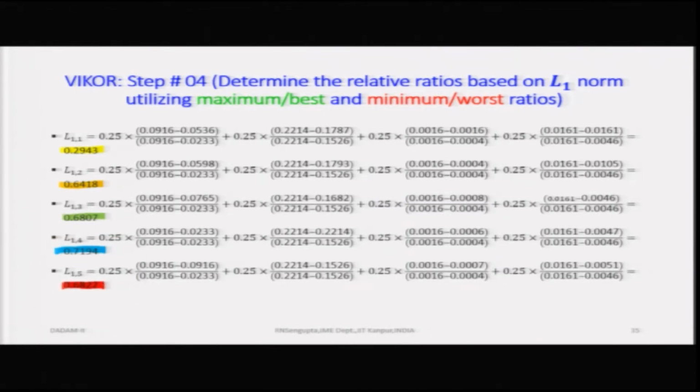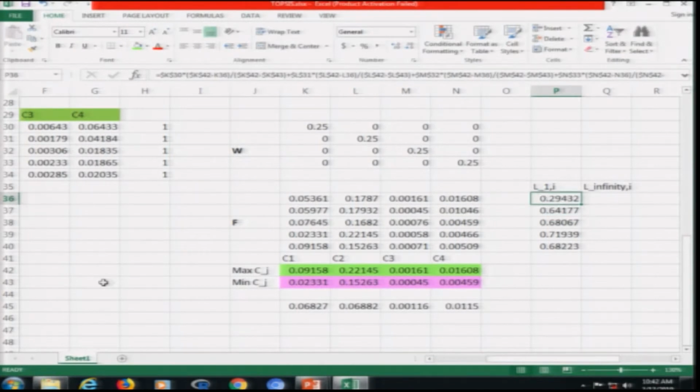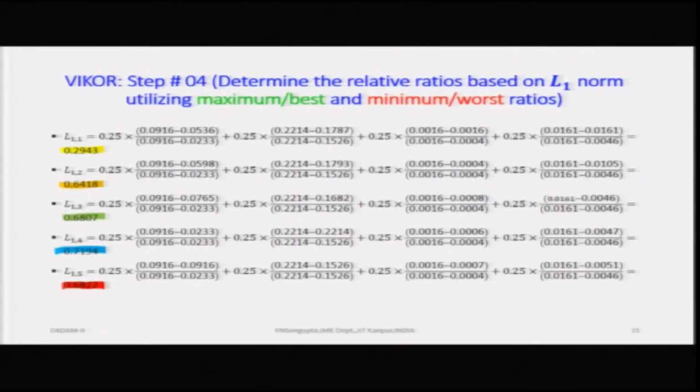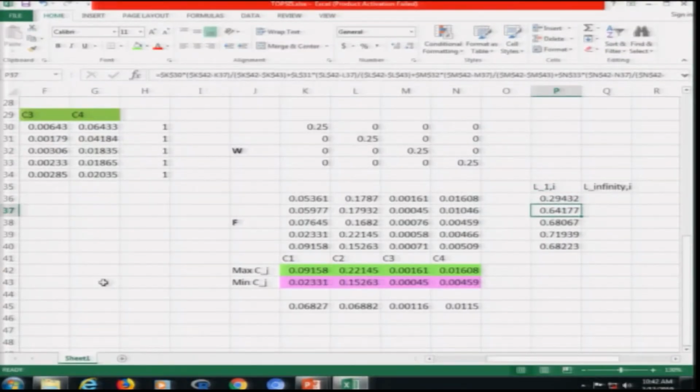So, let us go again. 0.29432, which is yellow color, which means matching L11. First L is the norm, second L is the alternative. Second one is orange color 0.6418, which is matching 0.64177 for the L1 second alternative.